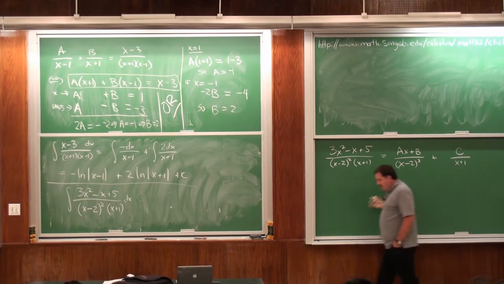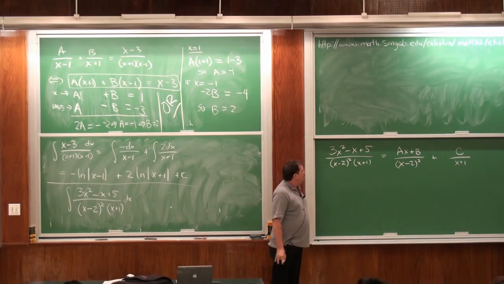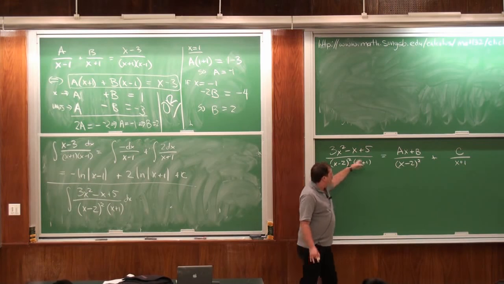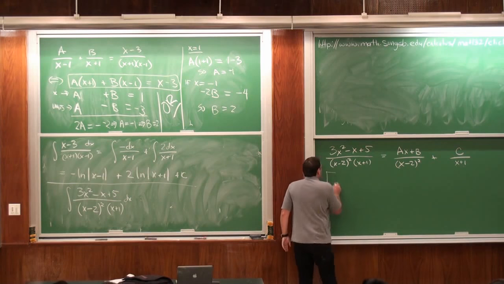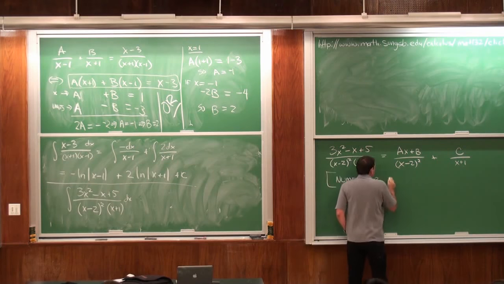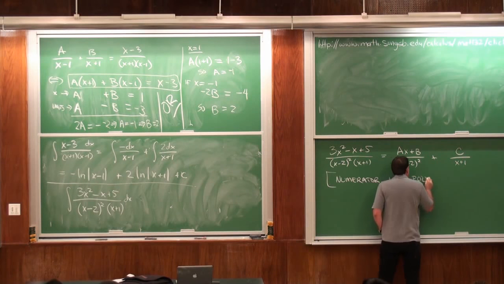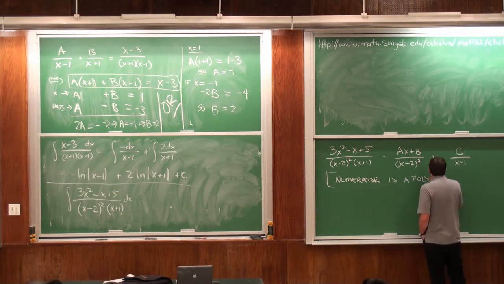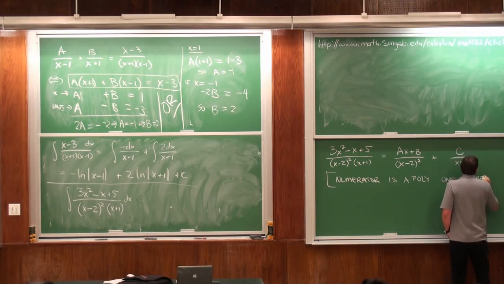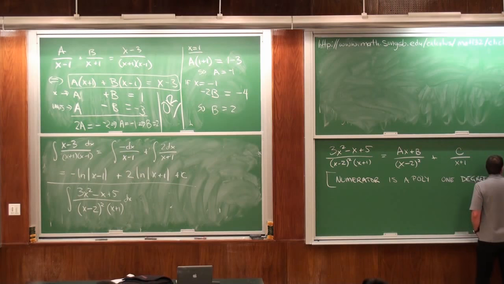So the general rule is, or at least some people say it slightly differently, when you take your factors, the numerator is always a polynomial 1 degree lower than the denominator. And then maybe I can split this up.